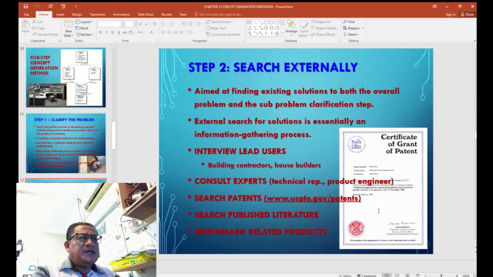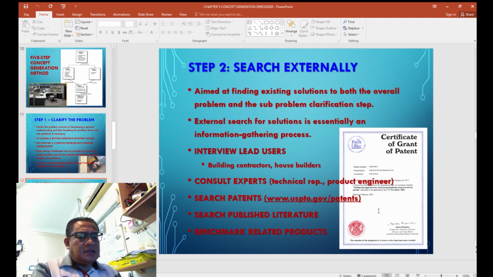Or you could consult an expert related to roofing nailers, for example, a product engineer who has developed a roofing nailer earlier.